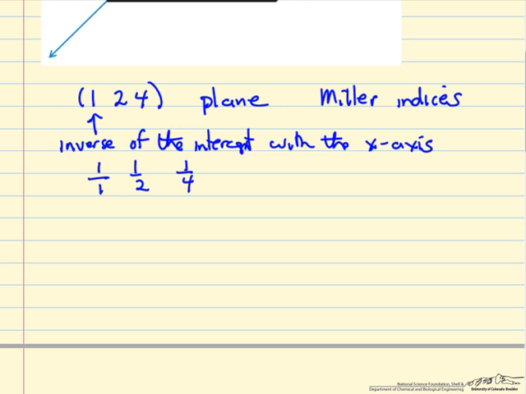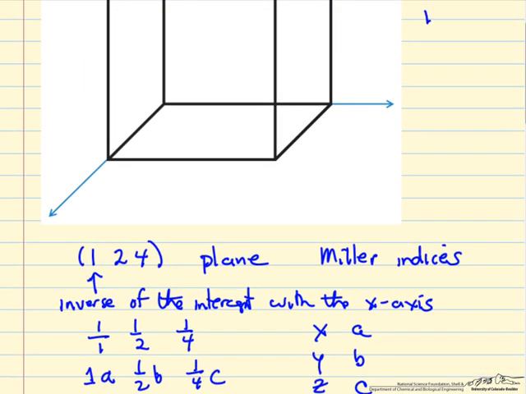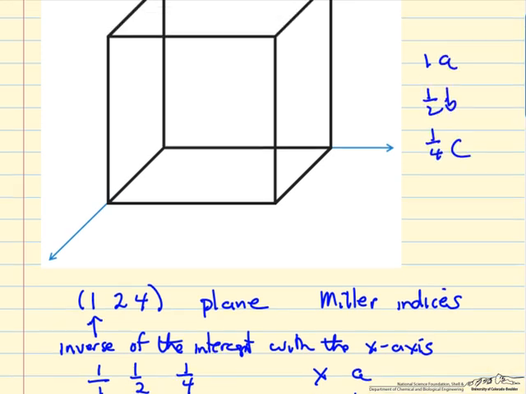So for the x direction, so x, y, and z in general, the unit cell dimensions a, b, and c. So this would be 1a, this would be 1/2 of b, and this would be 1/4 of c. So if I go back to my diagram, 1a, 1/2 b, and 1/4 c for the intercepts.